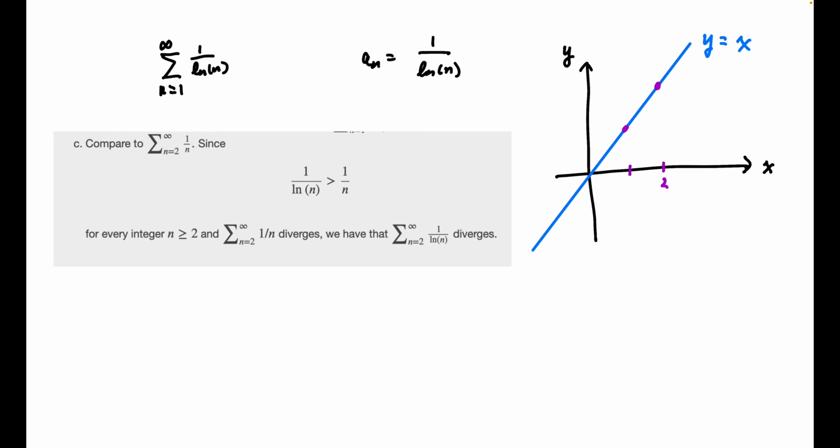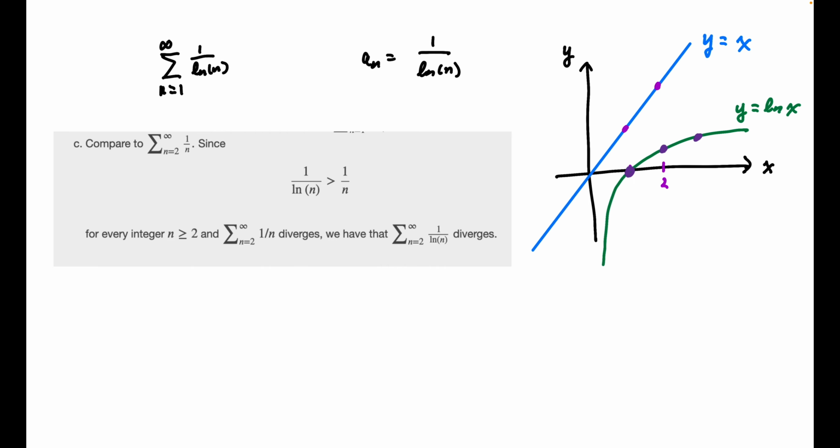Now what were we going to do? We're going to graph the natural log function. And the natural log function looks something like that. So then the points of interest for us are when x is equal to 1, to 2, to 3, and so forth.